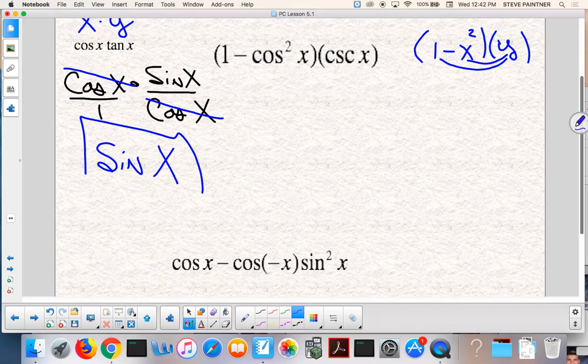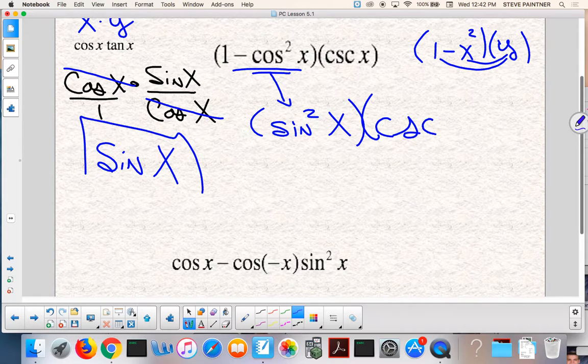But before you do that, look hard at this. Do you see anything that maybe could be replaced? Okay, Grace says 1 minus cosine squared is really just what? Sine squared. Okay, there it is. All right, how'd that help?